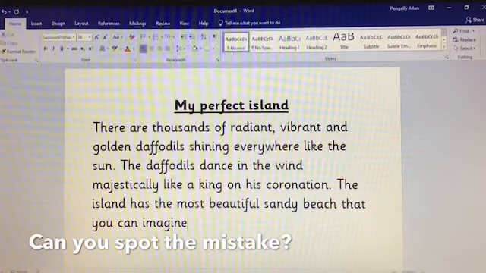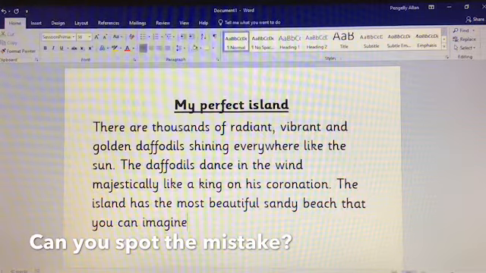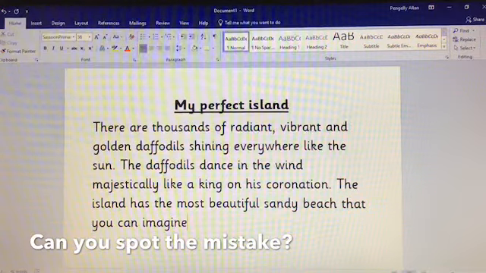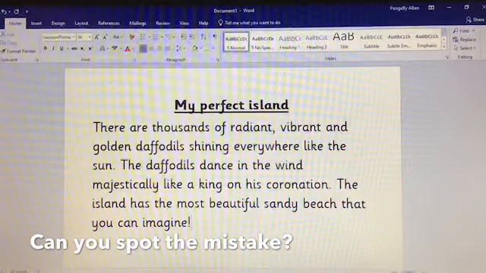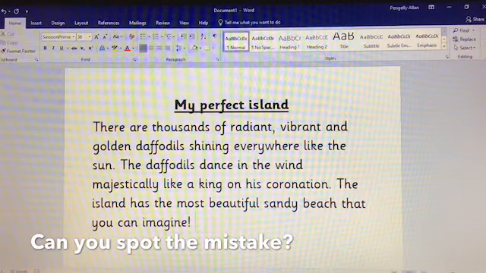And I might put, what could I put in here? What punctuation mark could I put in here to make it even stronger? That's right, I can put in an exclamation mark, okay? The island has the most beautiful sandy beach that you can imagine. So I really want to tell the reader that it's really, really beautiful. Okay, I'm going to carry on.